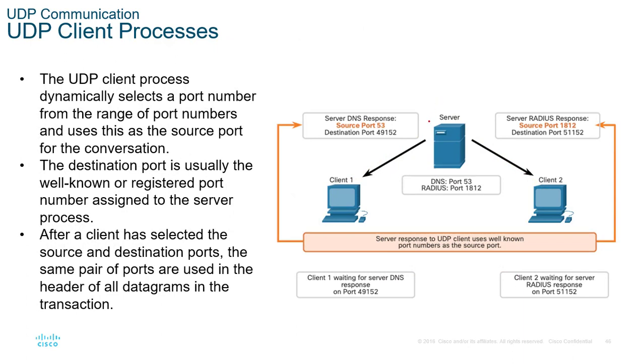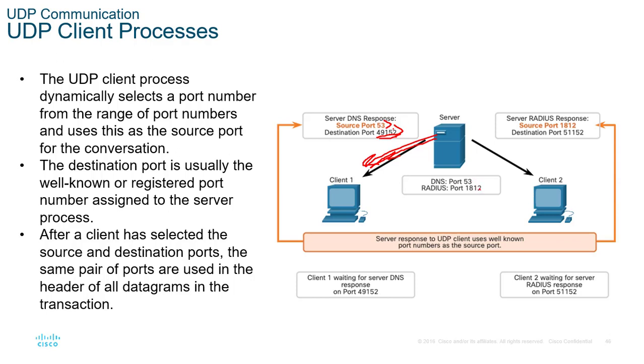And then when the server communicates back, it's going to turn around the port numbers from what was the destination port number, now becomes the source, and it talks back to the client's randomly generated ephemeral port number, that dynamic port number. And that's how the conversation continues back and forth between client and server. And again, client 2 coming up and initiating an authentication request through Radius.